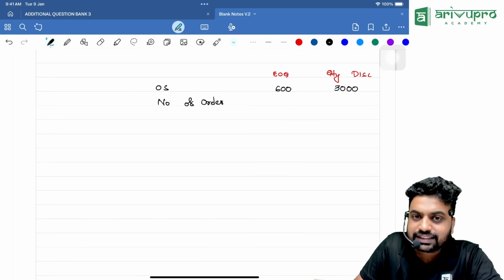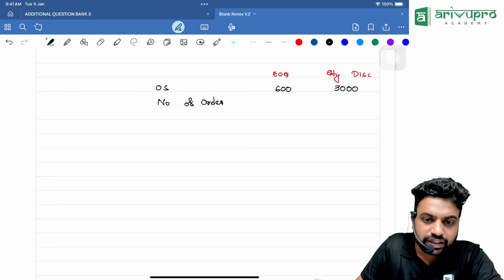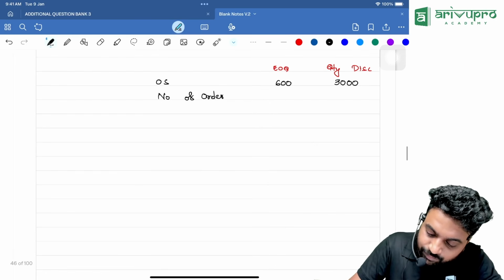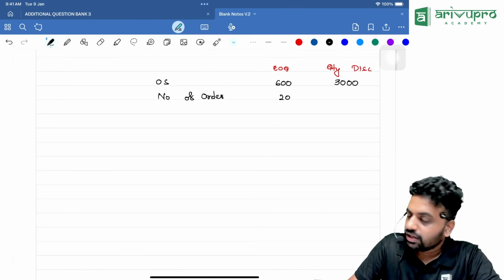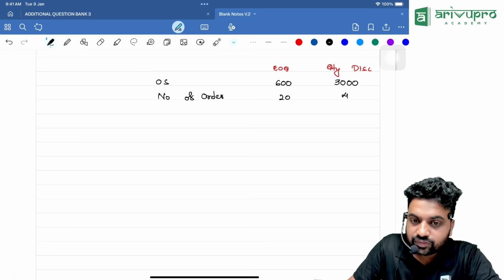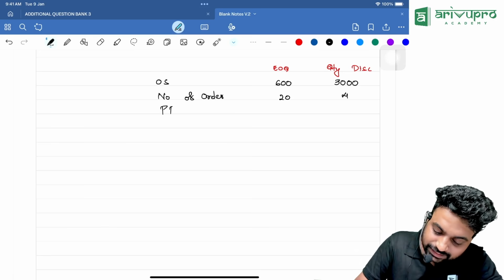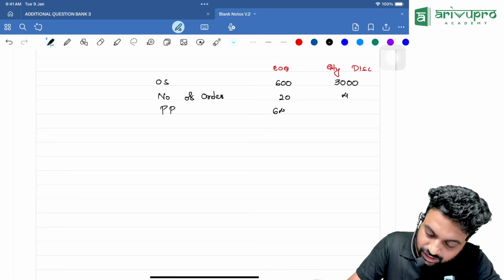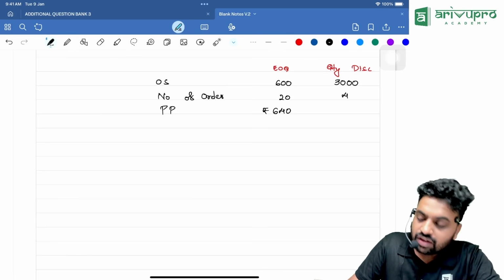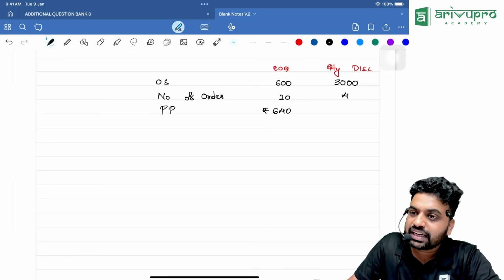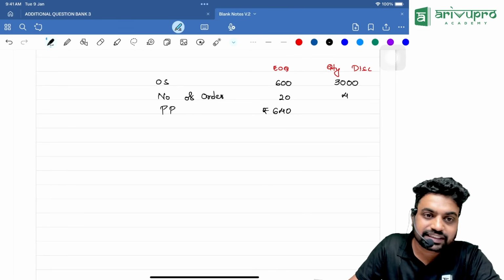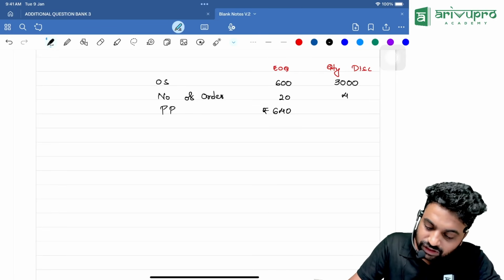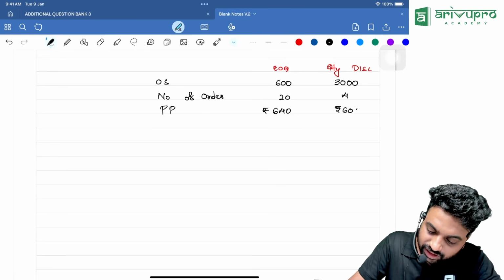So if we buy per order 600 units, then to buy 12,000 units, we need to place 20 orders. So 4 orders under discount. Correct? Purchase price, right now, is 640. If at all we go for the quantity discount, they are giving us 5% off, which is 32 rupees discount, which will come to 608.